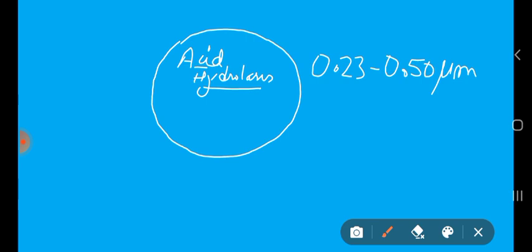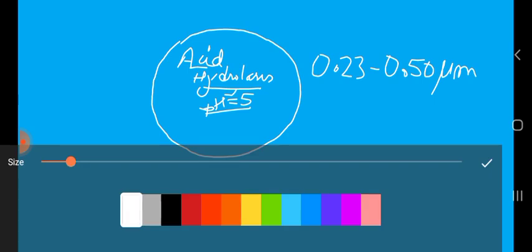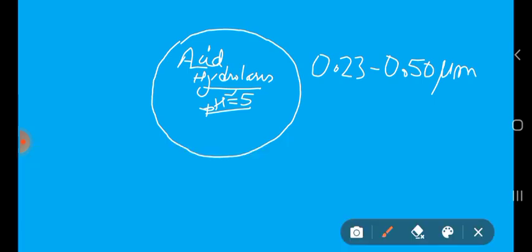Now inside, the pH has to be maintained at around 5. I am writing equal to, but you should write approximately 5. The pH is maintained by certain pumps, proton pumps, with the help of ATP.